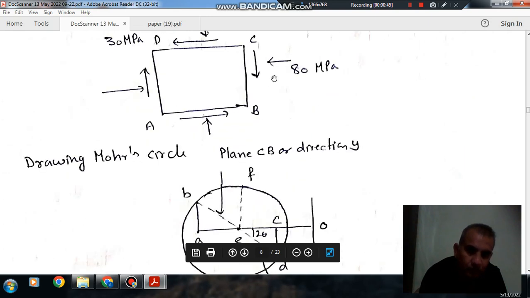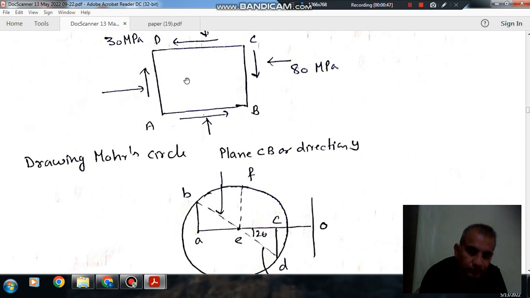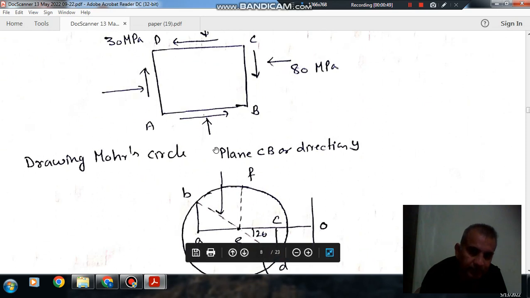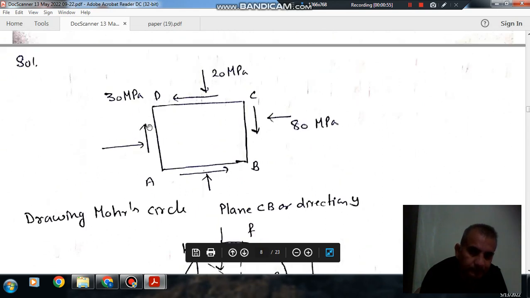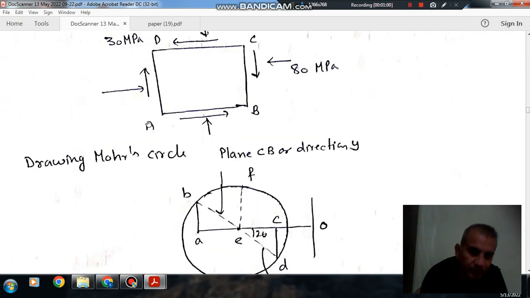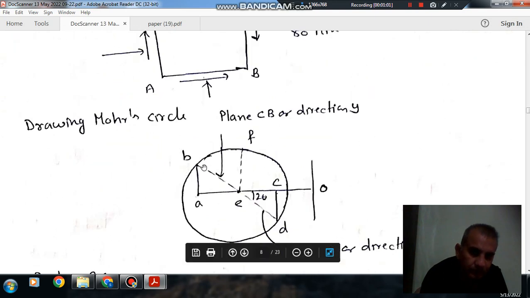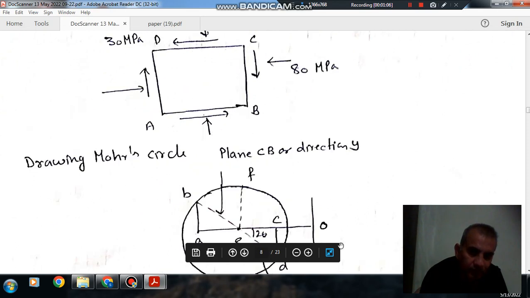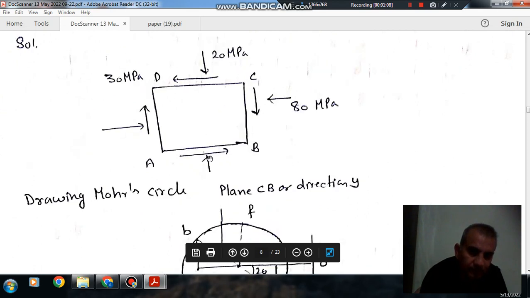Okay. So this 80 MPa stress is negative, so it is OA. And the shear stress on this plane is 30 MPa, so it is positive. Similarly, this is 20 MPa, and the shear stress is 30 MPa.